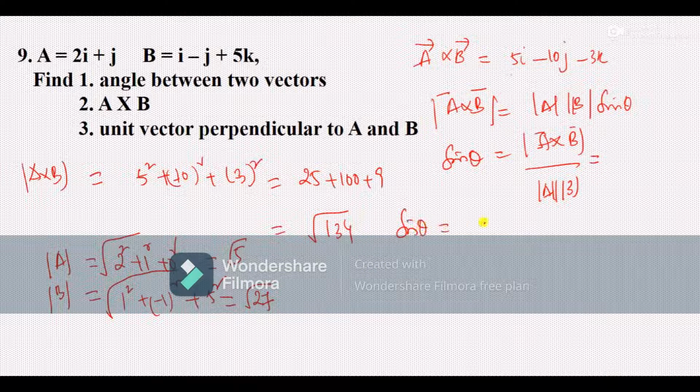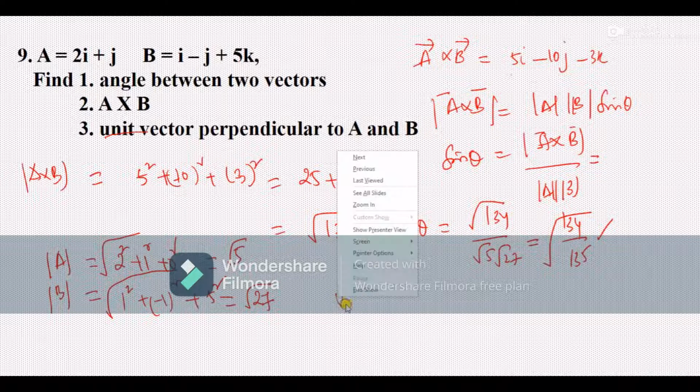So we substitute these two values in the sin theta equation. By simplifying this, we get the value of sin theta, and from that we can derive the angle.